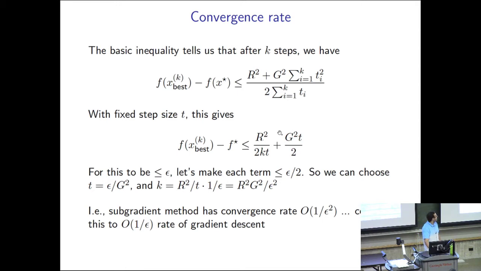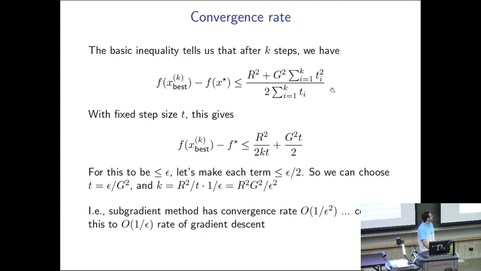Let's just say that somebody asks you for an epsilon suboptimal solution with subgradient method. And we're going to ask how many iterations would that take us. So we know this bound applies. So we're going to just set this equal to epsilon. And we're going to figure out how many iterations we can get away with before this thing is equal to epsilon.